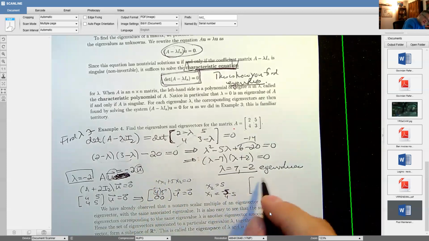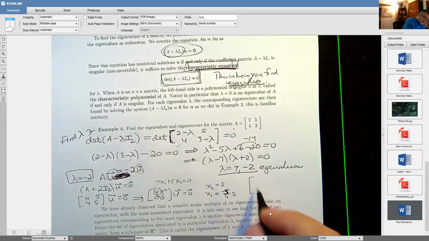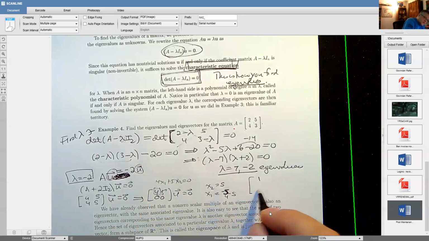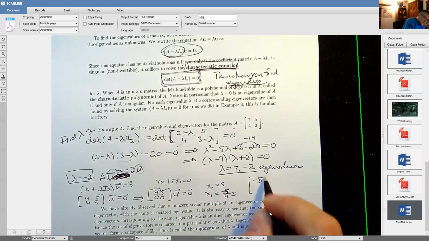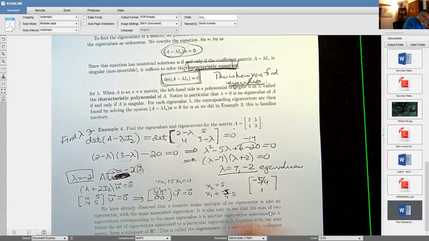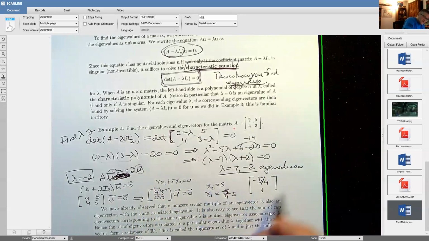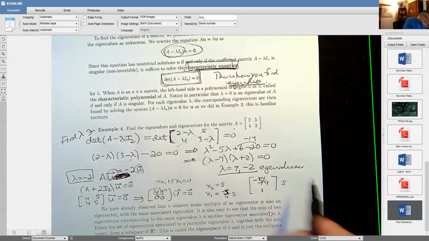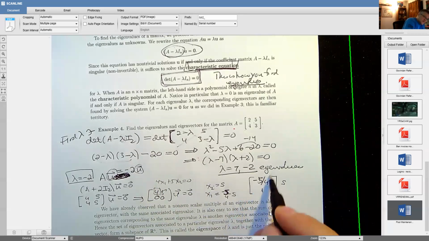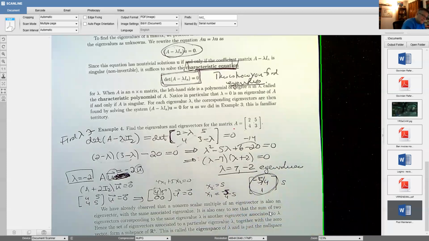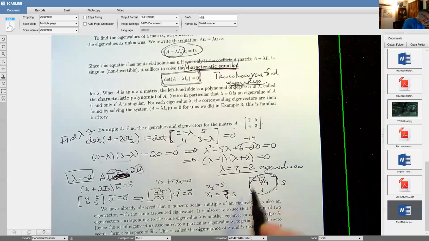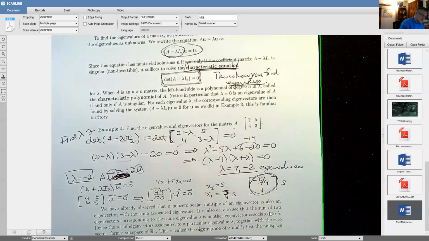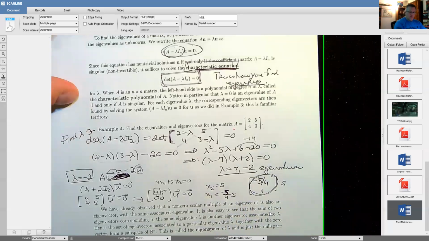And so the eigenvectors, I can take a negative 5/4 there and a 1. So x1, x2, and I'm going to pull the s out. And so here we have all the eigenvectors, but I'm just going to use that one. We'll call that the basic eigenvector corresponding to that particular lambda value.